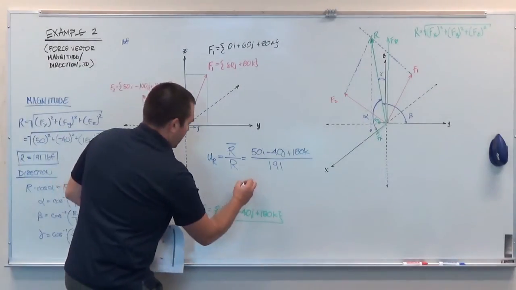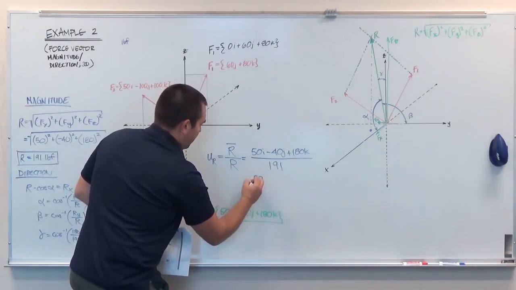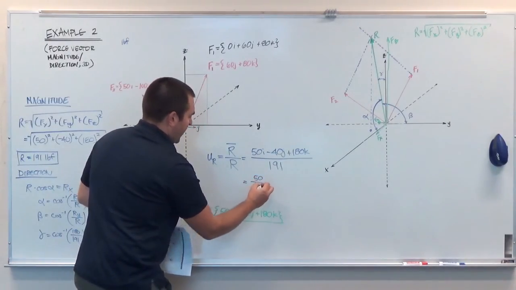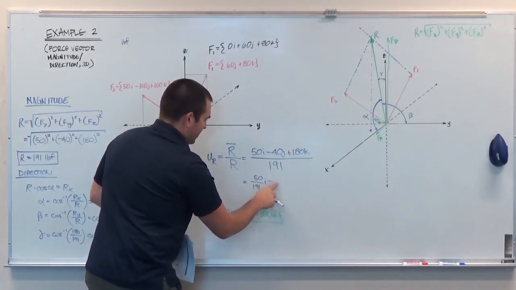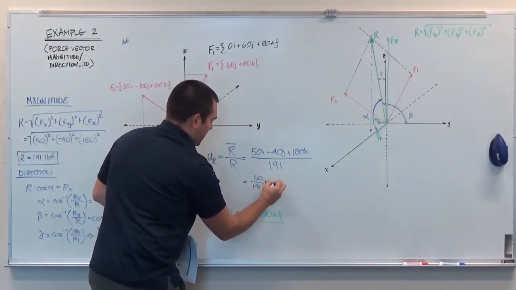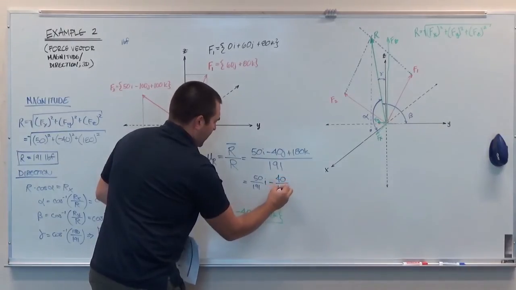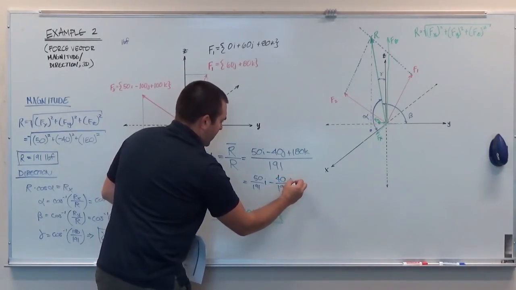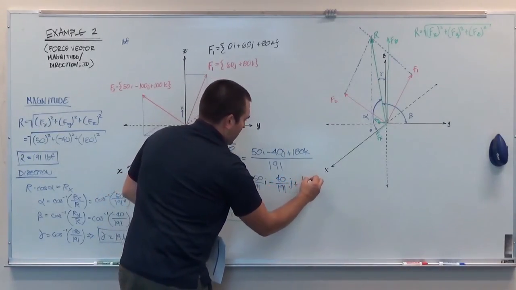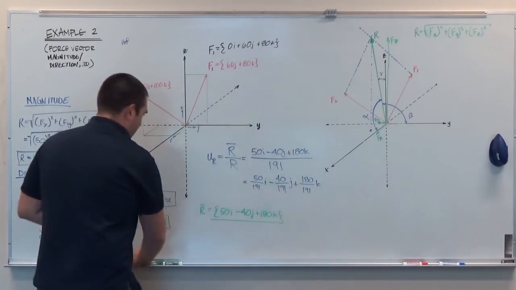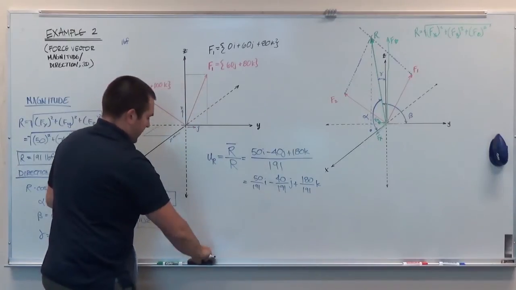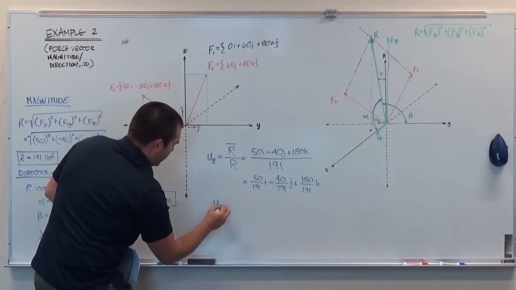And so here, this will look like 50 divided by 191 i minus 40 divided by 191 j plus 180 divided by 191 k.